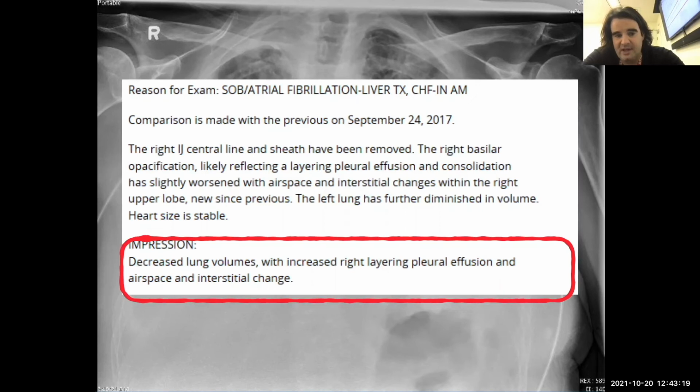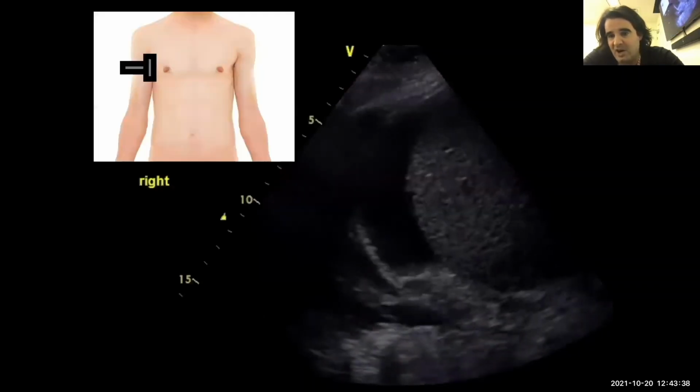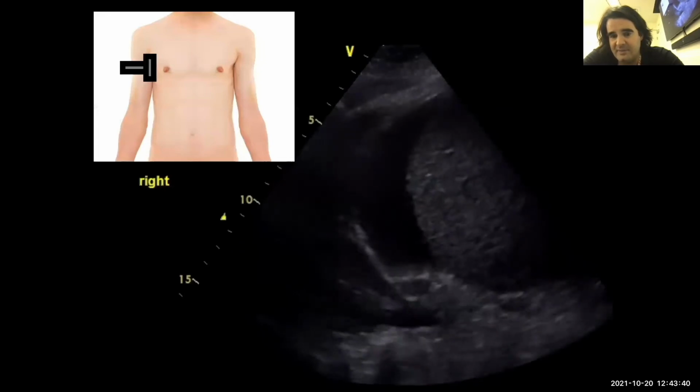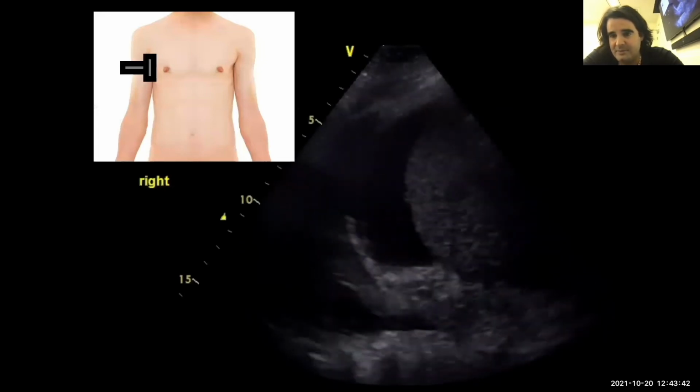So this is the radiology report: decreased lung volumes, increasing right layering pleural effusion, and airspace interstitial change. This is what the surgical team was rightly acting on. But again, I'm always very cautious with these because I think everybody needs to maintain a healthy degree of skepticism.